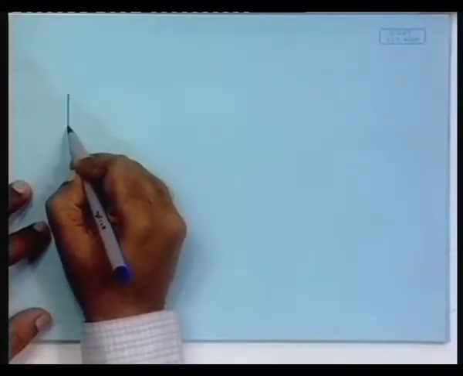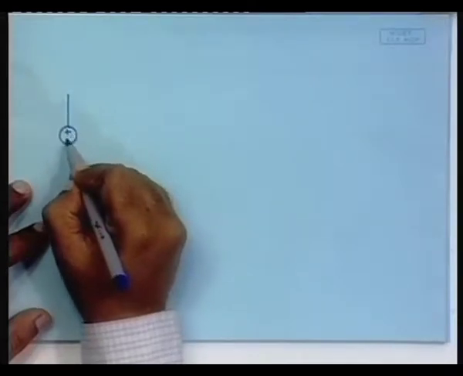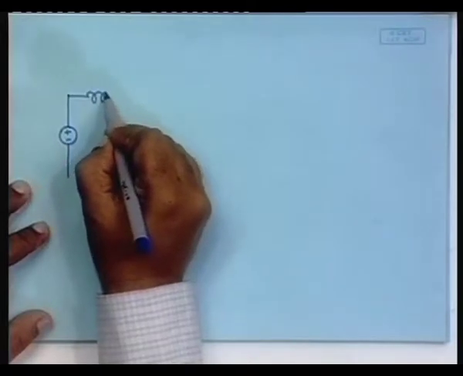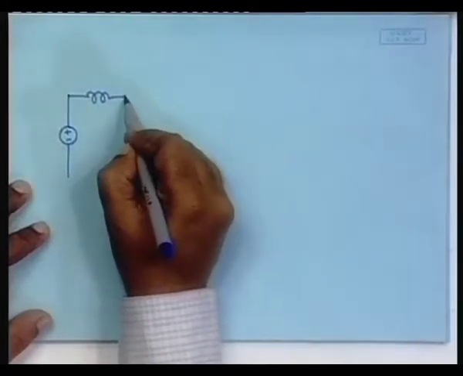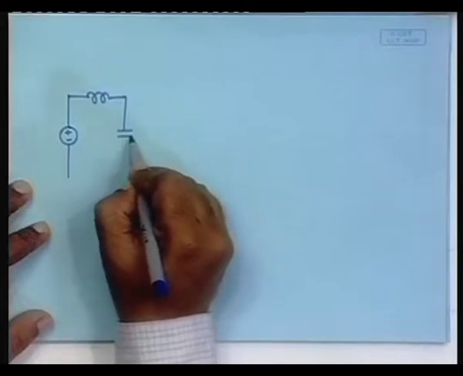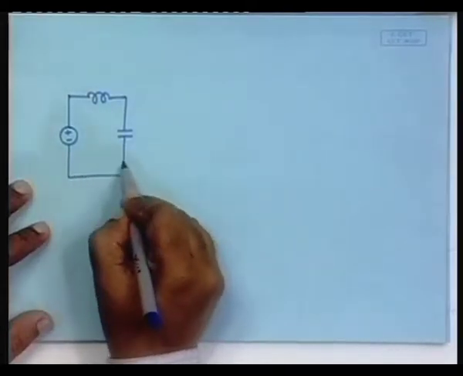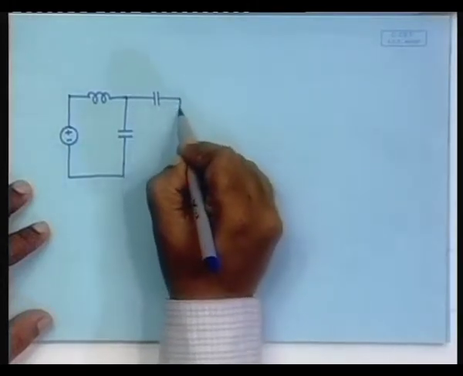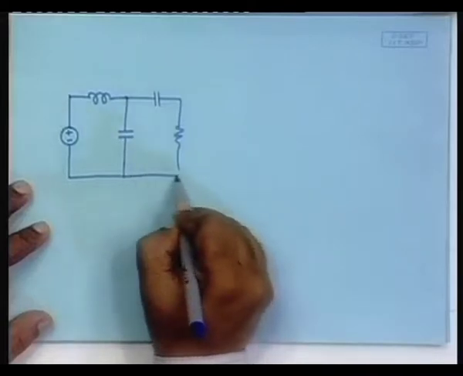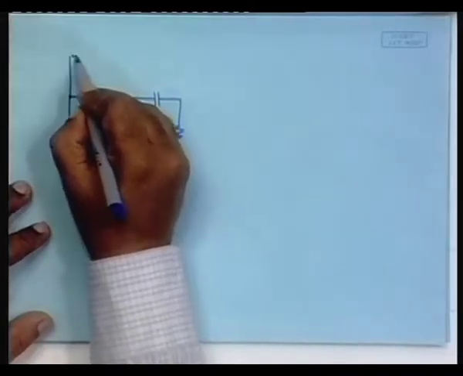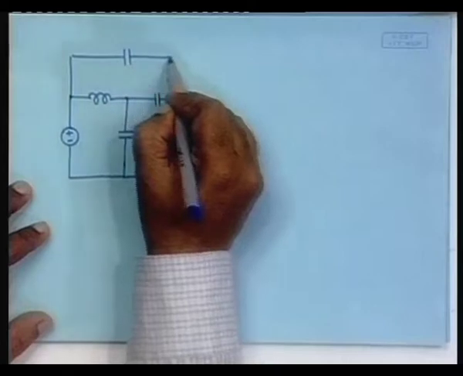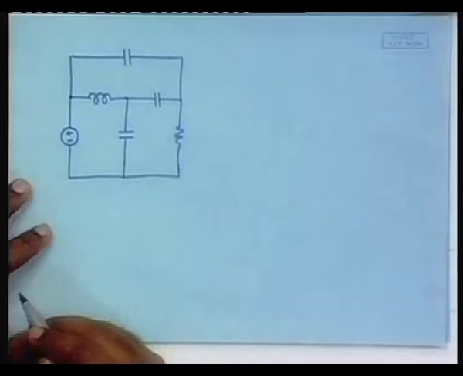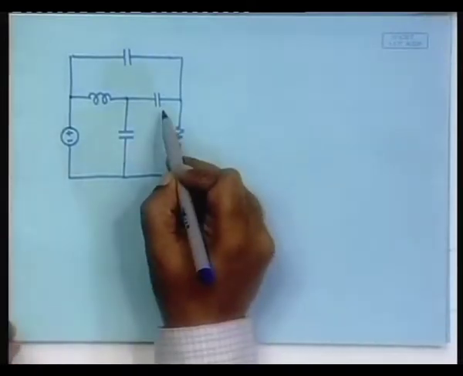Suppose there is a voltage source here, an inductance here, let it remain, a capacitor here, let it remain. Let us replace this resistor by a capacitor, and here there was a resistor, let it remain, and another capacitor here, let it remain. So, all that we have done is change this resistor to a capacitor from the problem that we solved in the last class.